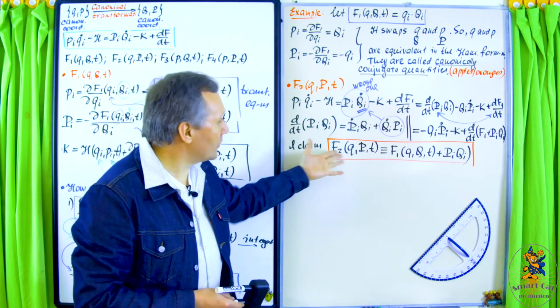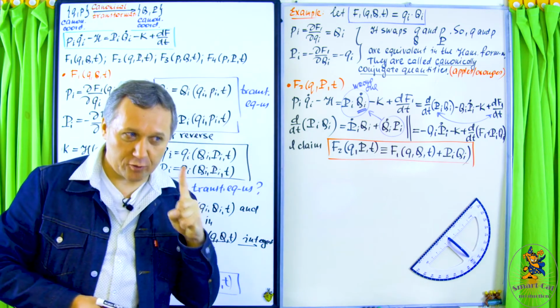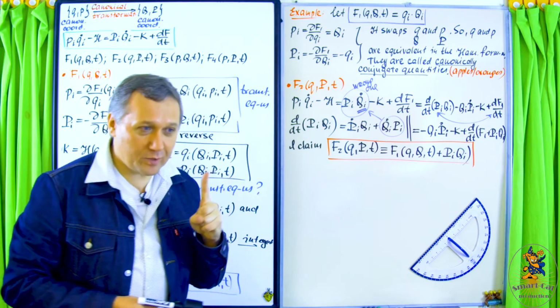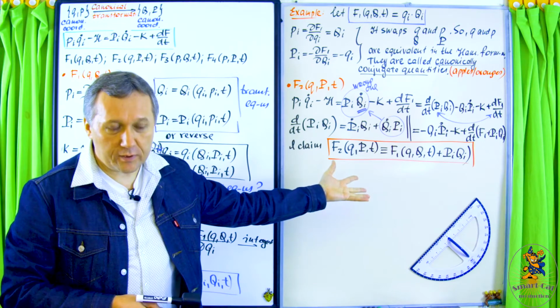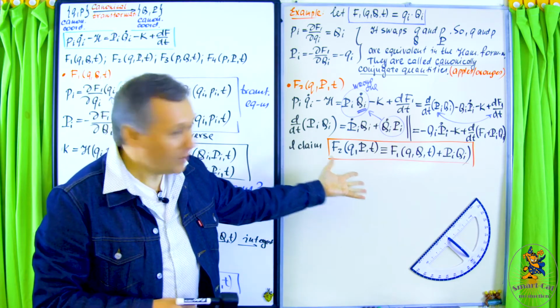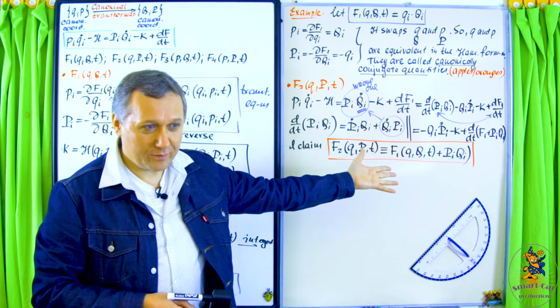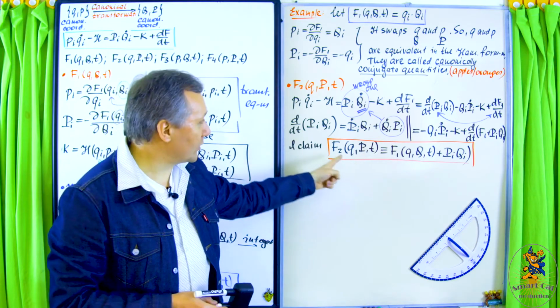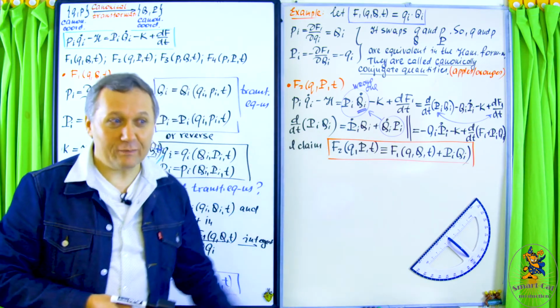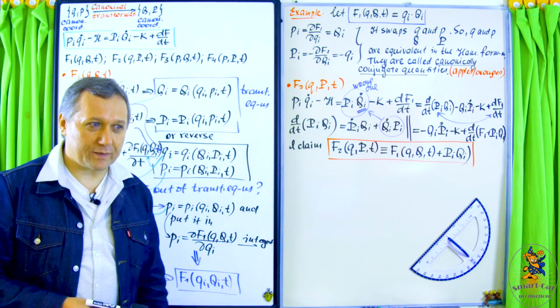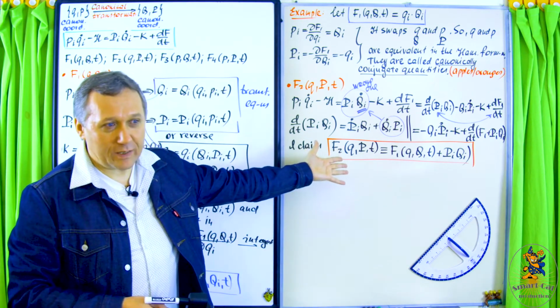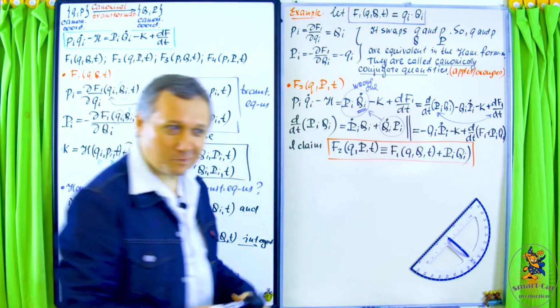So let's show that what I constructed is not a function of p small and q capital. How can I do that? How can I convince? Let me differentiate. Let me take a partial derivative of what I introduced with respect to p small and q capital. If those derivatives are zeros, it's a proof. As a result, what's left will be q small and p capital.